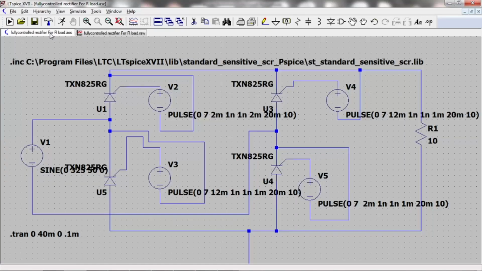Then see this SCR and this SCR. Okay, right now I will show you both. These are the gate pulses.